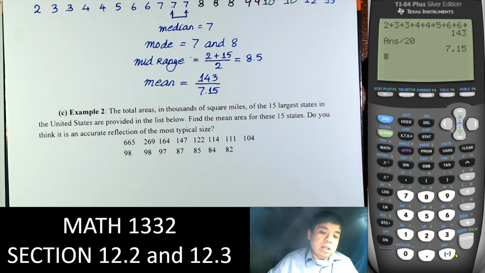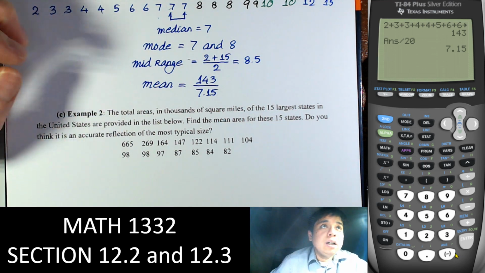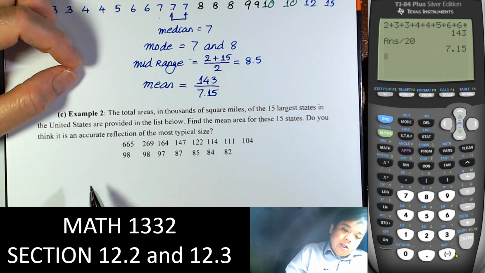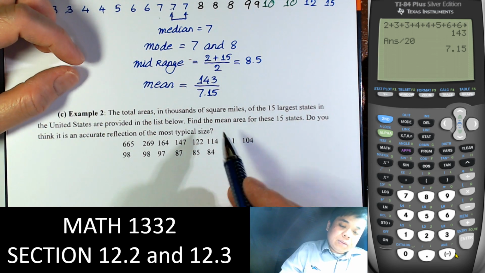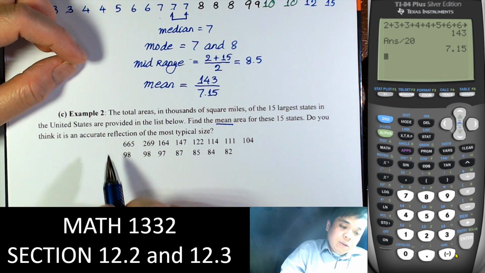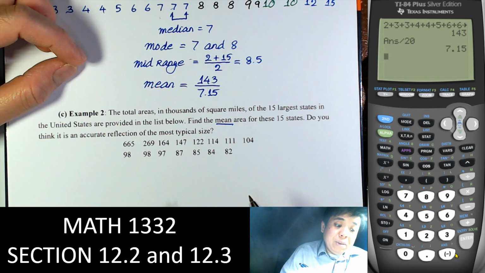Next we have another example here: the total areas, in thousands of square miles, of the 15 largest states. Again, we will find the mean; we only find the mean here.